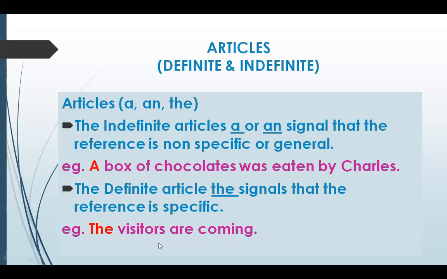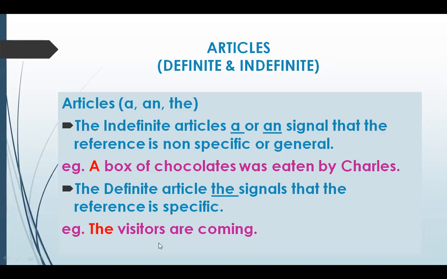So a is used with consonant sounding words like a shop, a train, a university. Now the word university starts with the letter U. U is a vowel here, but see the sound of U produced here. Yeah, it's a consonant sound, and hence we use article a here.